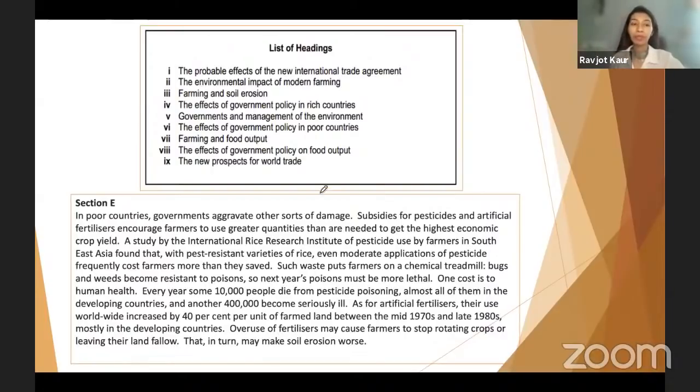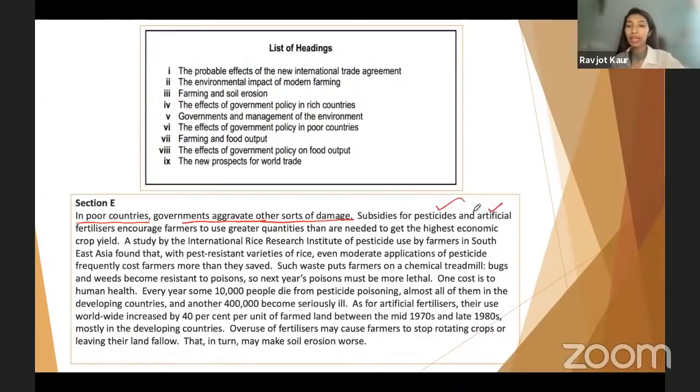Okay, time is up. So what is the main idea of this paragraph? Poor countries is mentioned. Yes, true. So poor countries is mentioned here, in the beginning of the sentence: in poor countries, governments aggravate other sorts of damage.